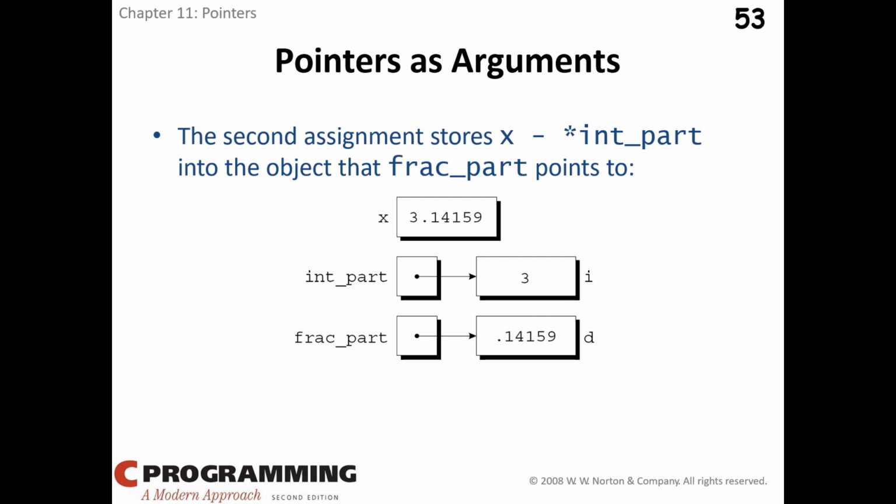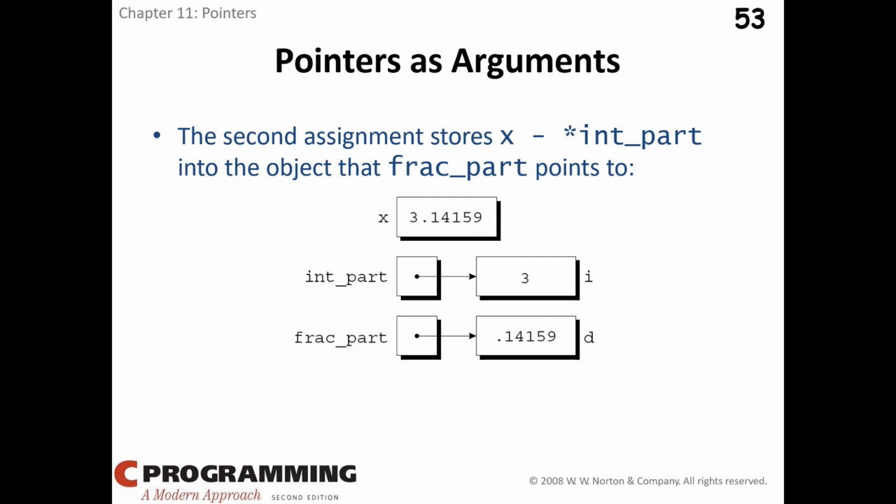To clarify, when we say the object that fractional part points to, we mean the variable whose address is stored in the fractional part pointer. It's the same as with the previous integer part. In essence, the fractional part points to a specific memory location where the fractional part of the value will be stored.